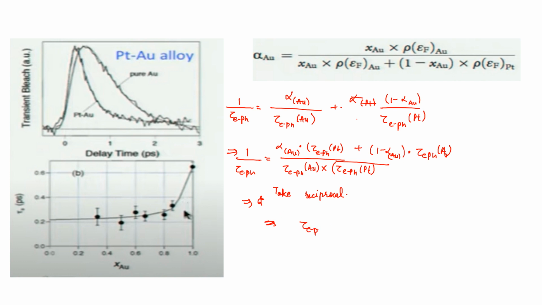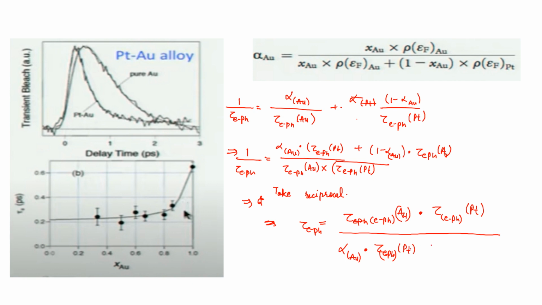Taking the reciprocal, the total time will be tau EPH of AU multiplied by tau EPH of platinum, whole upon alpha AU into tau EPH of PT plus 1 minus alpha AU into tau EPH of AU, and bracket close.